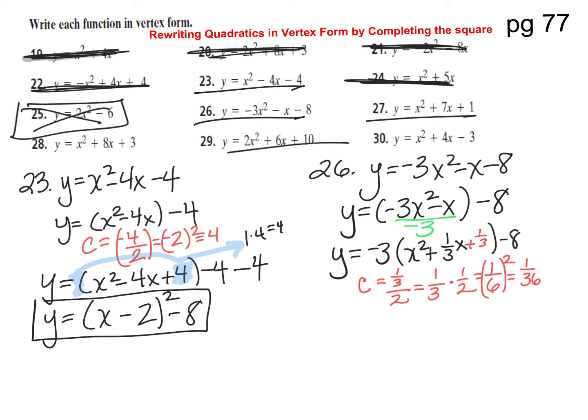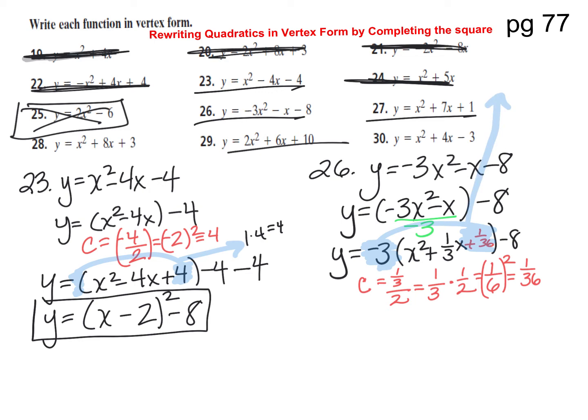Then remember, I need to multiply the number on the outside with the number I just added in the parentheses. I'm going to take that up here so I can show you what to do.